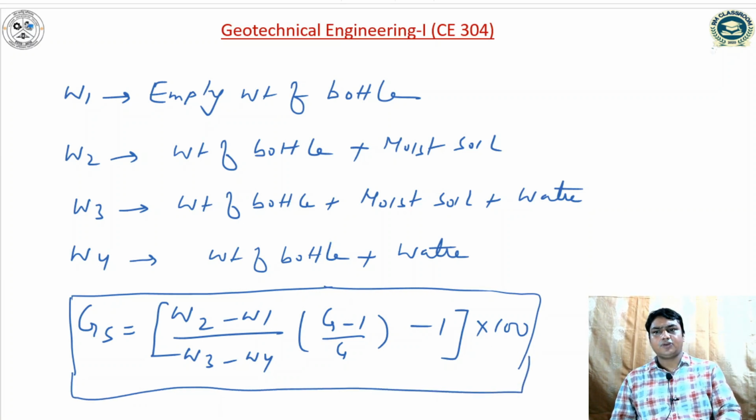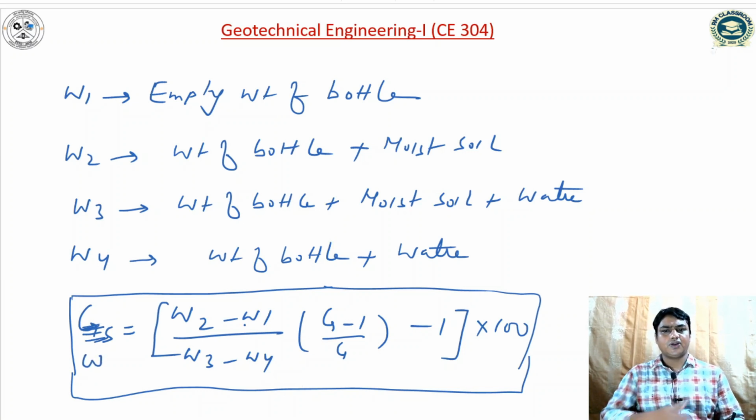With the help of that you can compute the water content, not the specific gravity of solid. W is equal to W2 minus W1 divided by W3 minus W4 into G minus 1 divided by G minus 1 into 100.